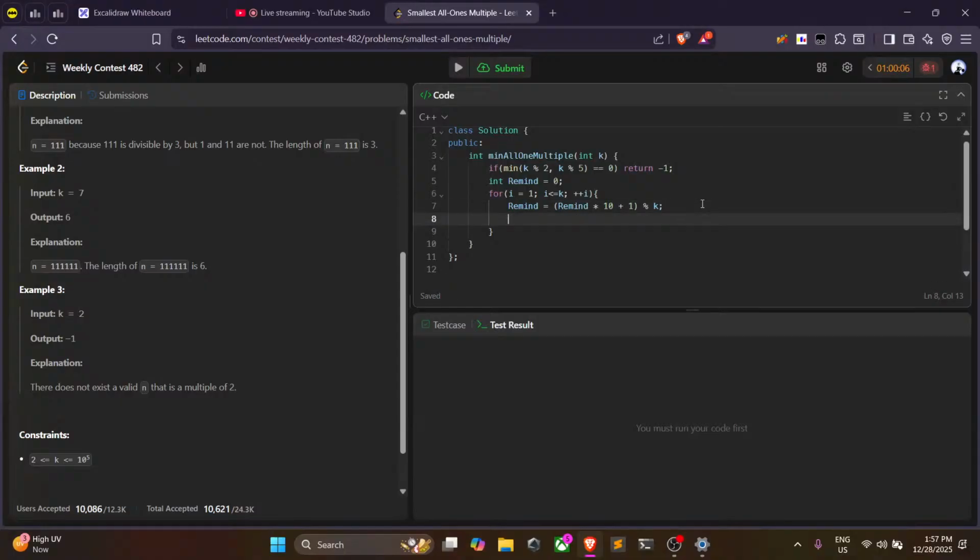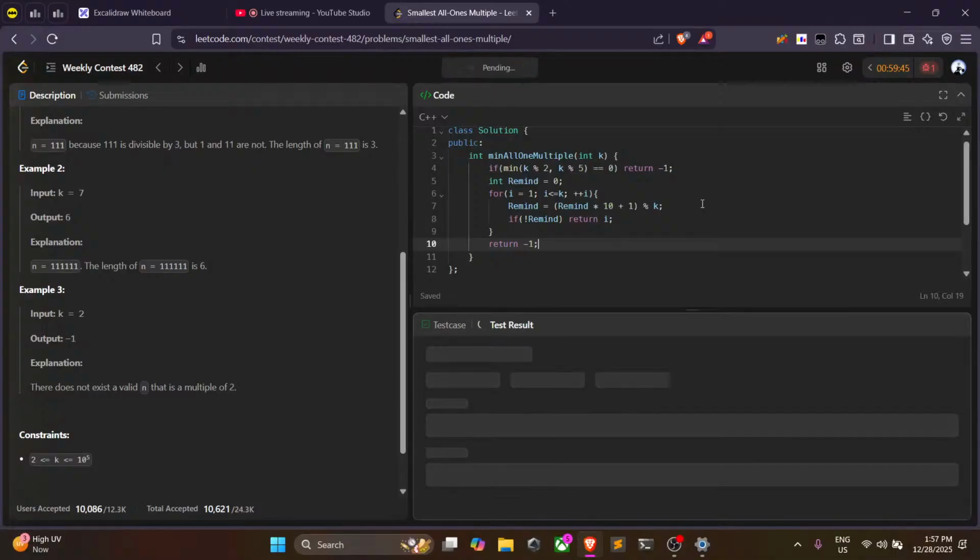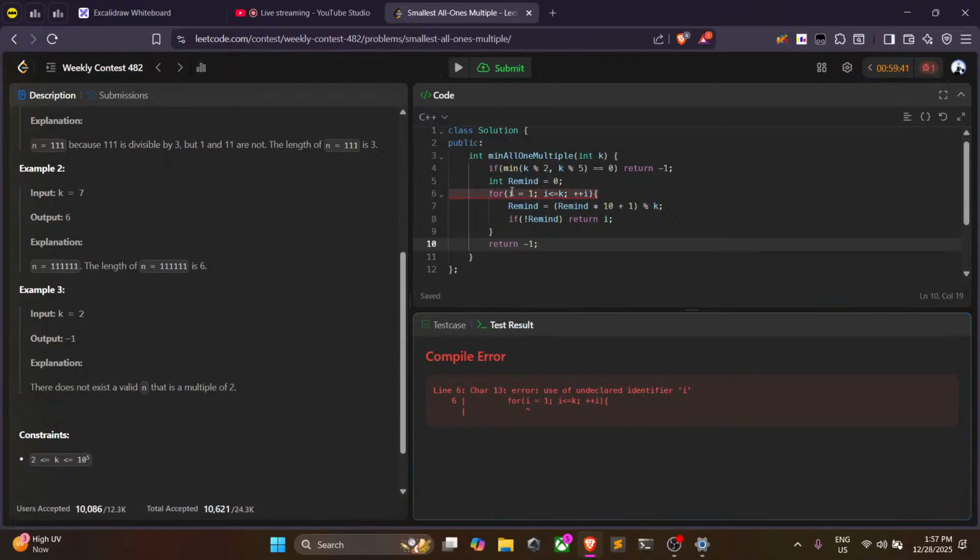If this particular remainder is 0, then we are getting the answer. Otherwise, we are getting -1. Let's check.